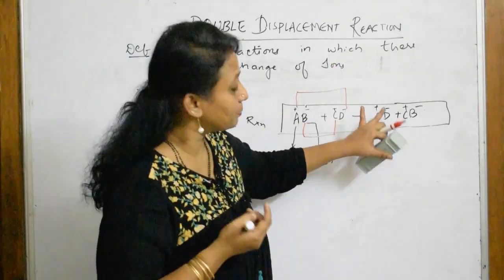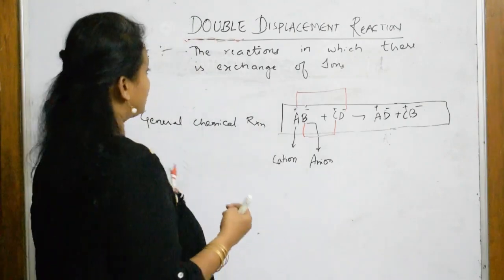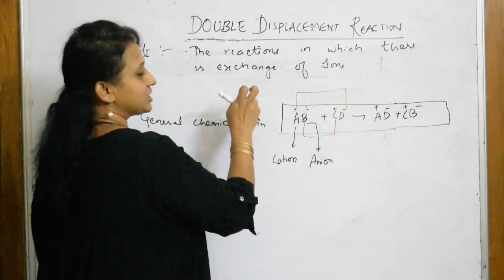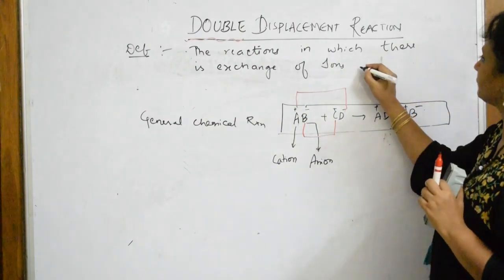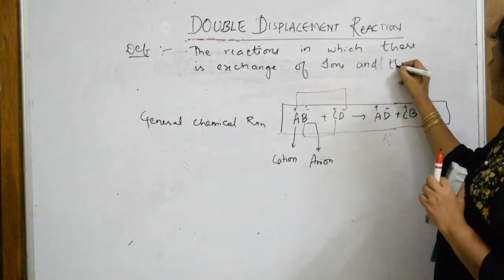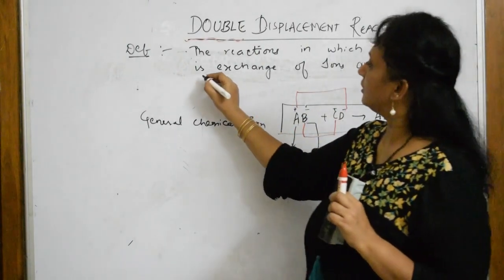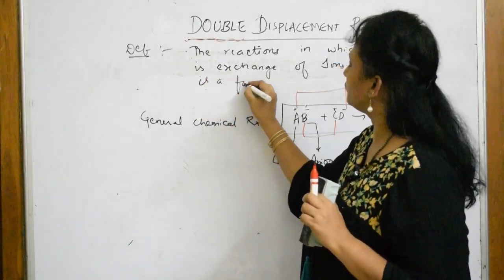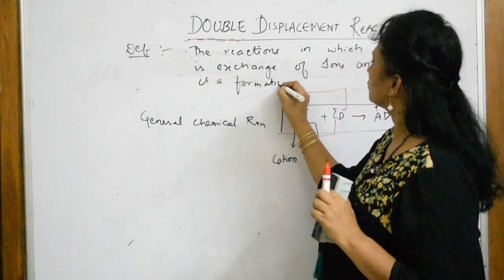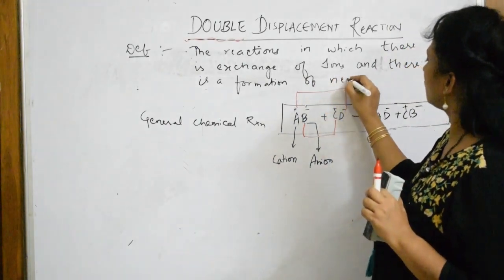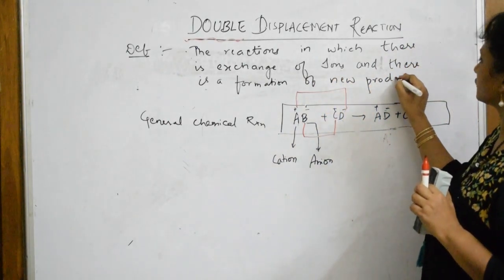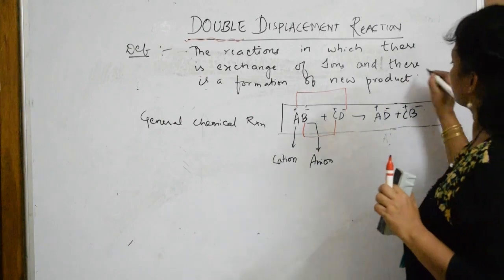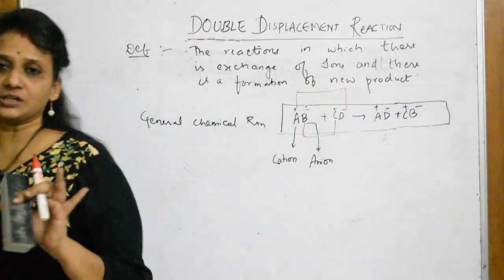We are getting a new product. So the reactions in which there is exchange of ions and formation of new product are called double displacement reactions. Done. Now I understood the basic concept.